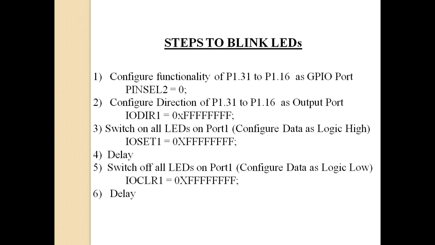So the first and second steps are the configuration steps. These 2 steps you need to execute only once. Steps 3 to 6 you need to execute infinitely, because these are the actual program steps, and these are the configuration steps. So this is how.